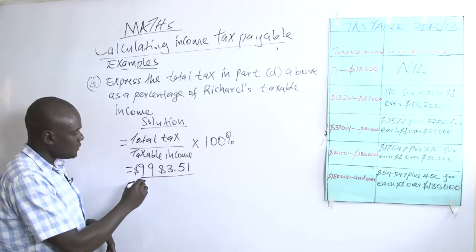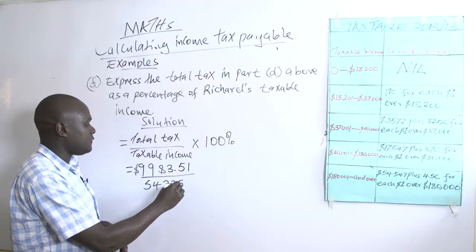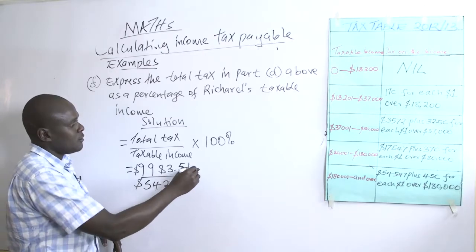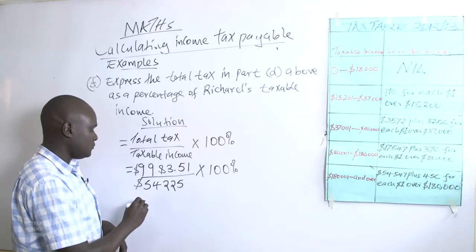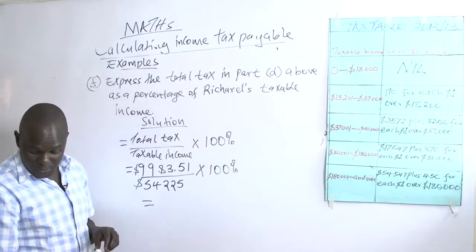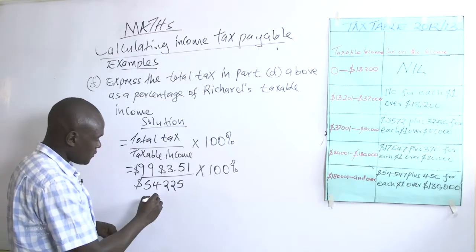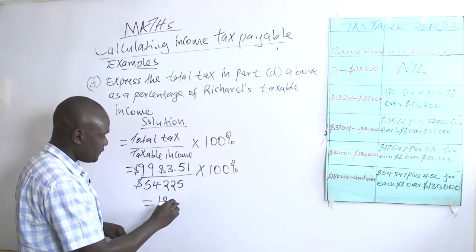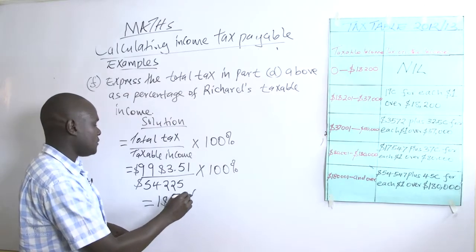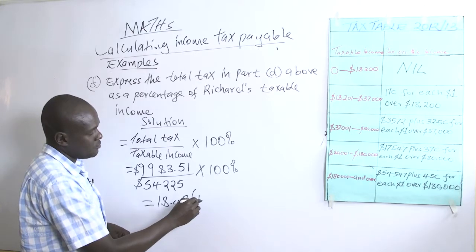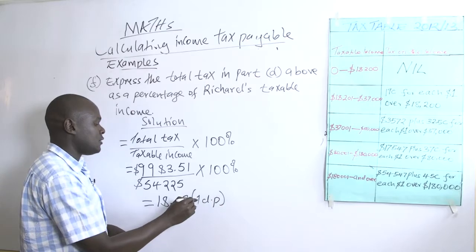And this one we calculated, we have it as $54,225. This should be multiplied by 100%. This will give us a figure of 18.4%. This is rounded off to one decimal place.